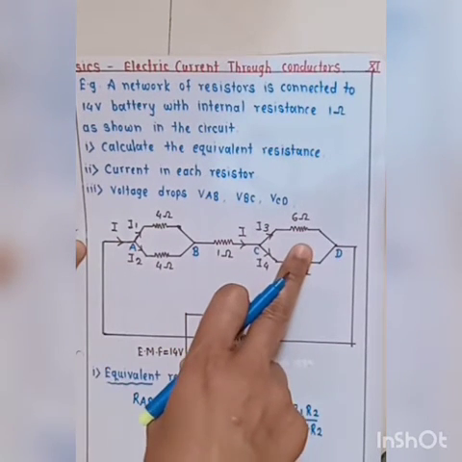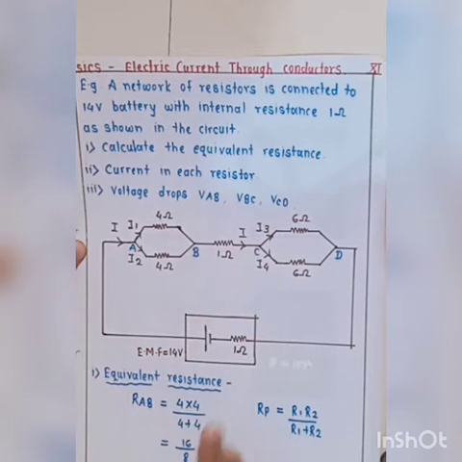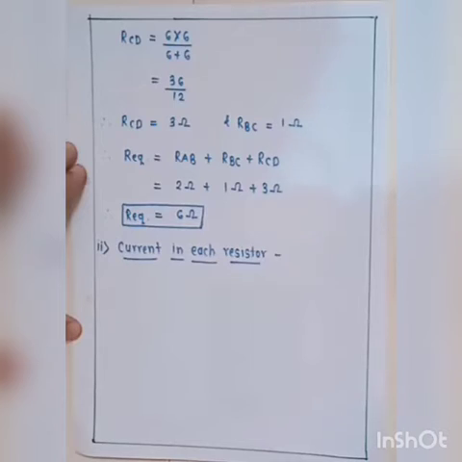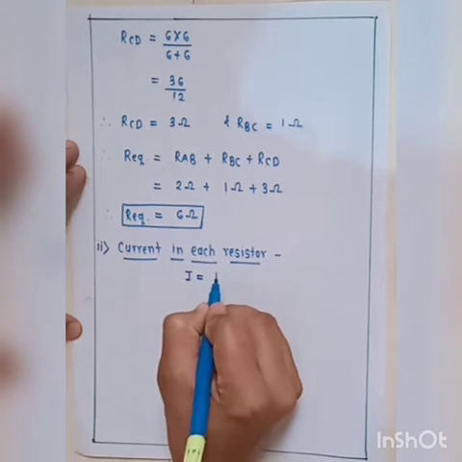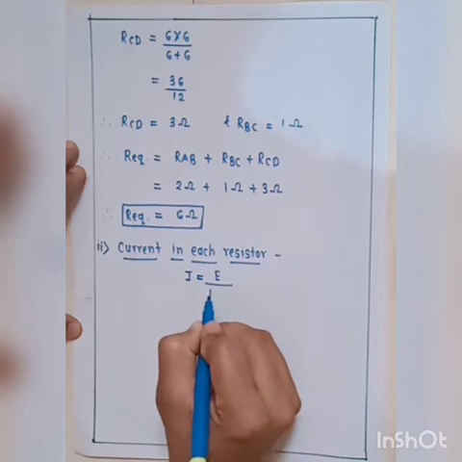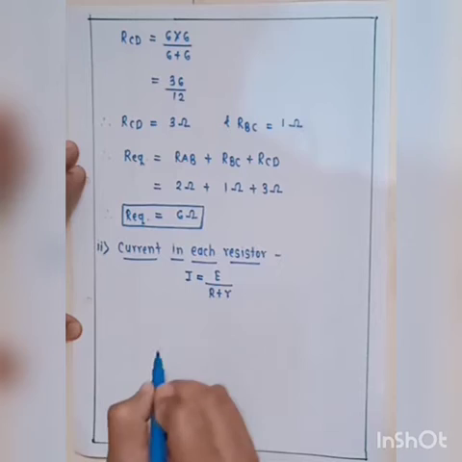Now again for the third network current I is divided into two parts, that is I3 and I4. And we know the formula that I is equal to EMF of the cell upon external resistance plus internal resistance, that is capital R plus small r.